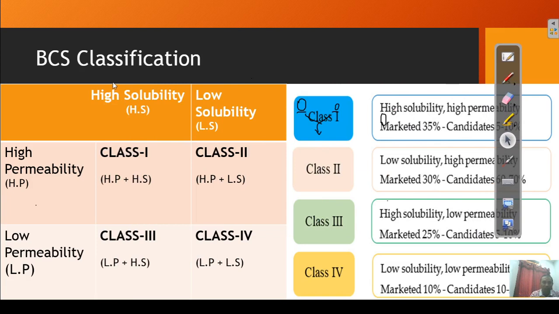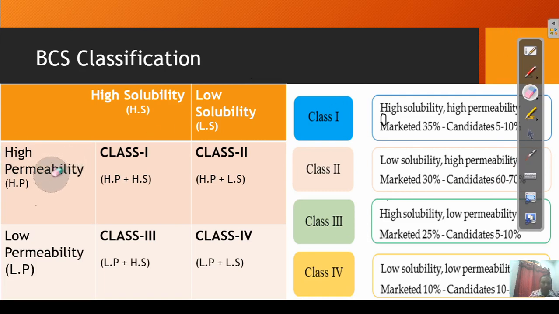Here you can see the BCS classification of drugs. The BCS classification classifies drugs into 4 categories on the basis of their solubility and permeability. You have already studied this BCS classification in your biopharmaceutics, so we will review it here.